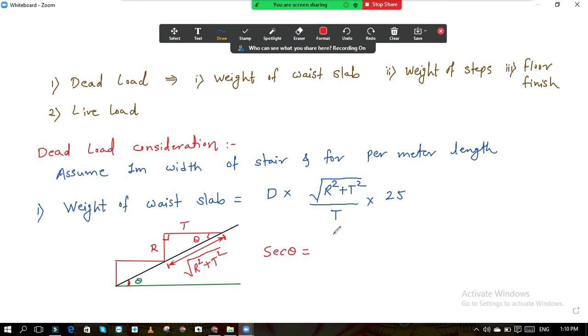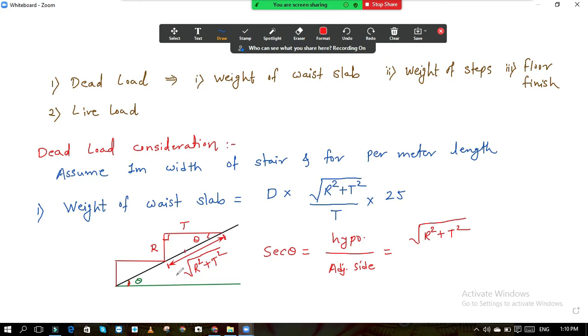It is hypotenuse upon adjacent side. What is your hypotenuse? Your hypotenuse is under root R square plus T square, the side opposite to the 90 degree angle.